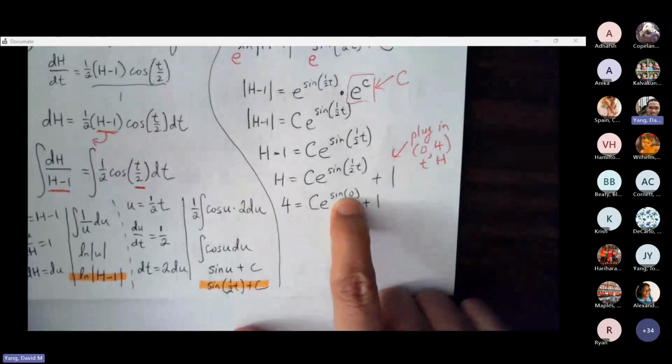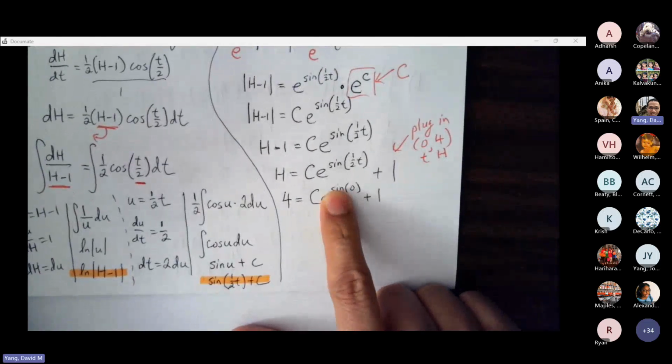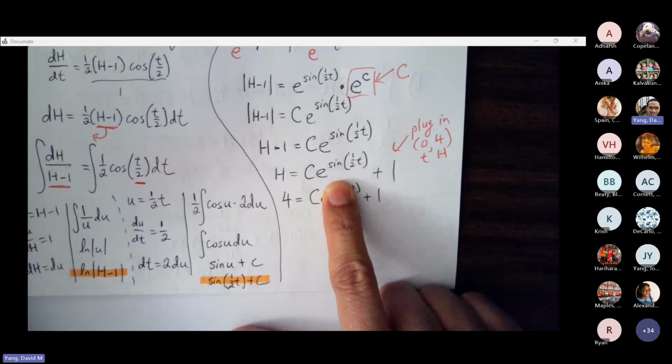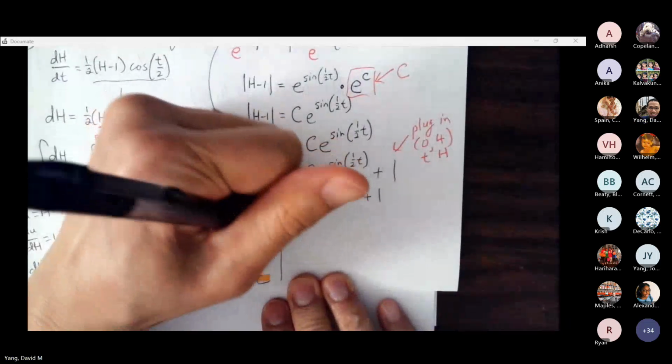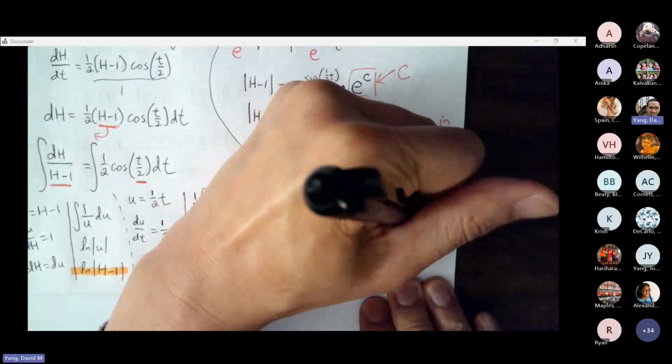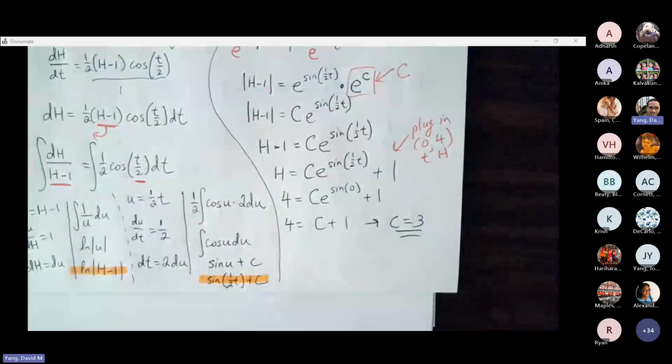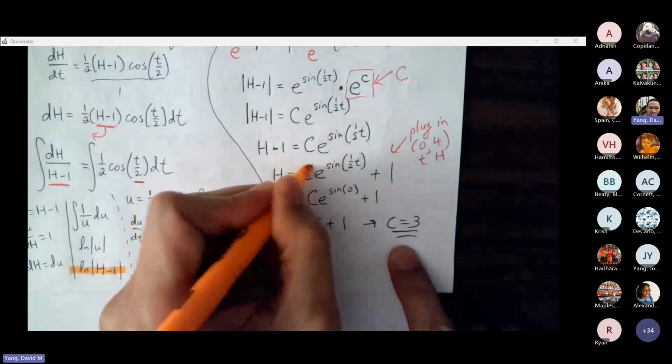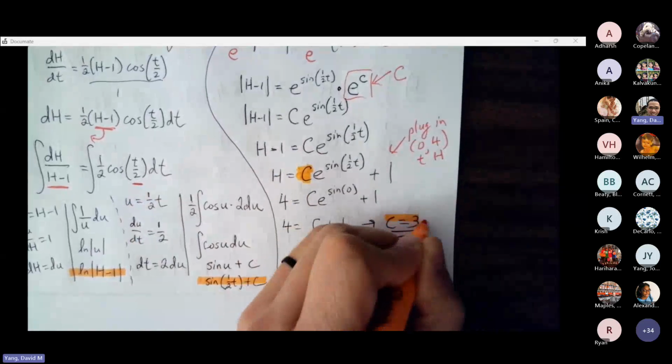Okay, we know sine of 0 is 0. E to the 0 is 1. So I have 4 is equal to c plus 1. So therefore, c is equal to 3. I'm going to go back and update my general equation, replacing the c with 3.